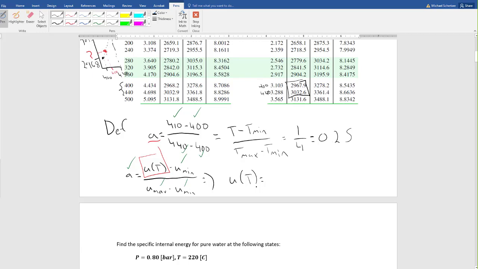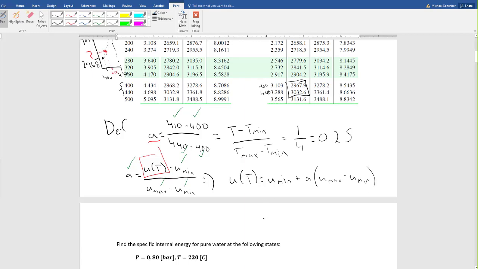So now we're going to rearrange this equation, right, so that it's u at the temperature we're looking for is equal to, I'll move this u min over to the other side. So this is going to be u min plus A times (u max minus u min).